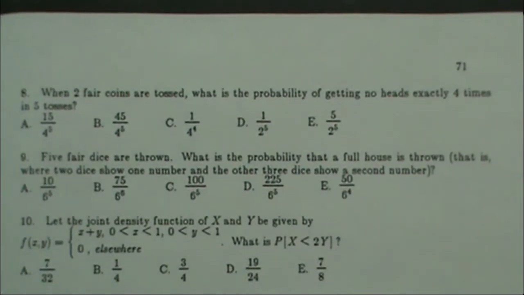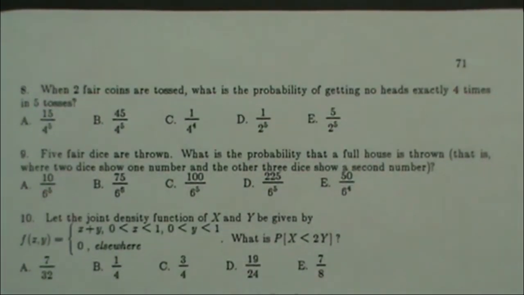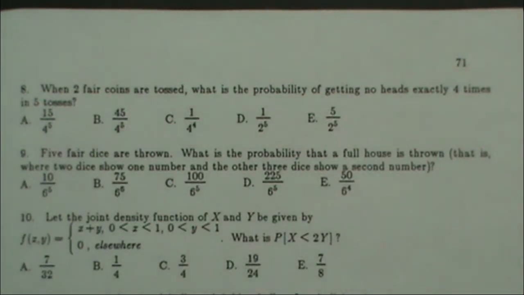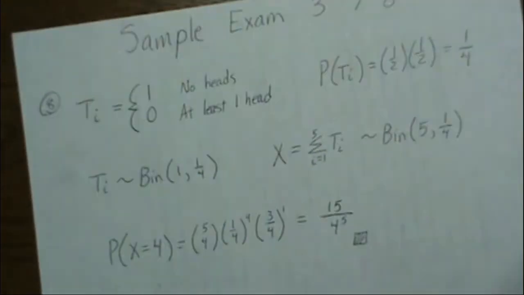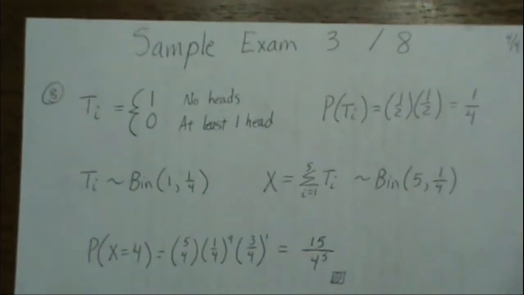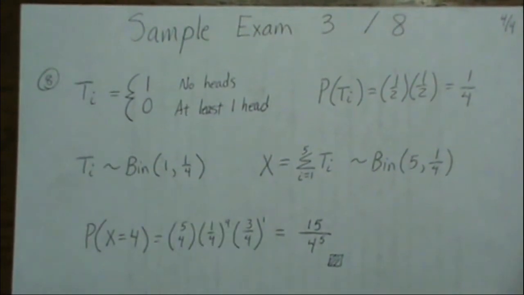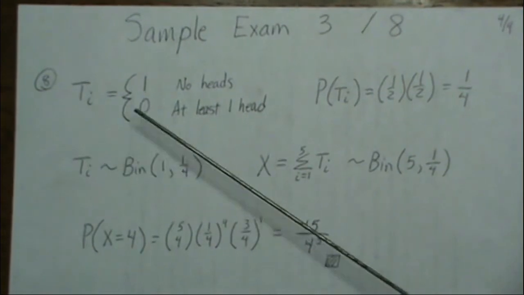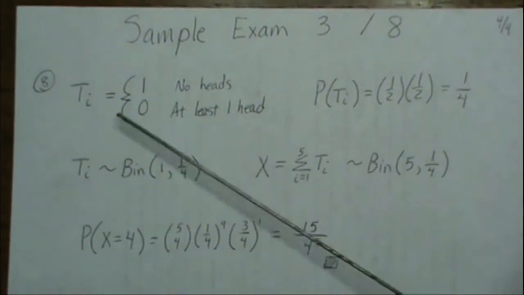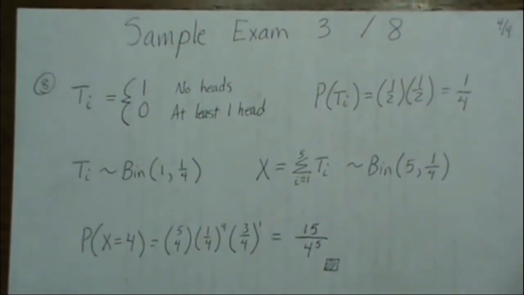Problem number 8. When 2 fair coins are tossed, what is the probability of getting no heads exactly 4 times in 5 tosses? So for problem number 8, let Ti be a variable that can take on the values of 1 or 0.